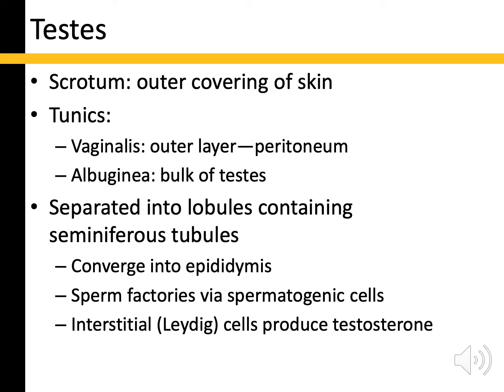So that's why the testes hang outside of the body. And if the surroundings are too cold, then that muscle, called the cremaster muscle, can contract and bring the testes closer to the body and warm them up a little bit. Alternatively, if the environment is too warm, then that muscle can relax and let the testes hang a little bit further so that they're not getting all of that extra body heat. It's more efficient that way.